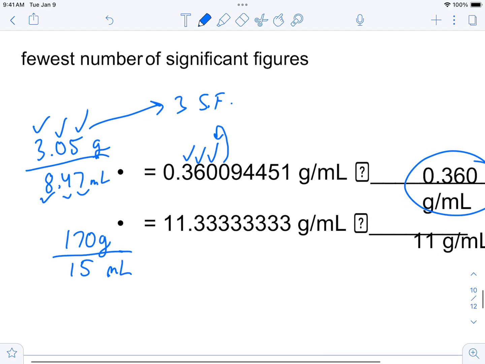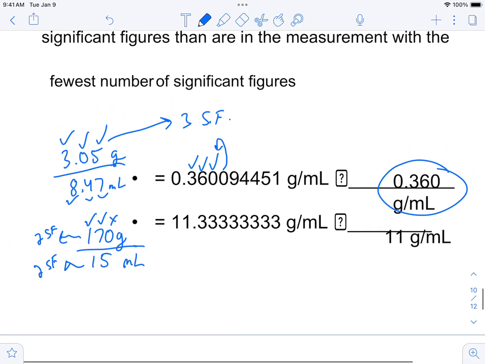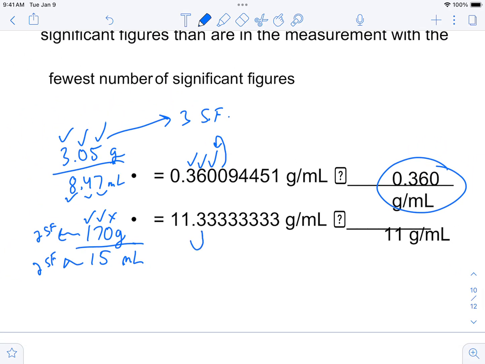Again, you're counting total sig figs. This guy has 2 sig figs. This guy also has 2. You go by the least amount, so you would only want 2. This 3 tells you not to round, so that would just be 11 grams per milliliter.